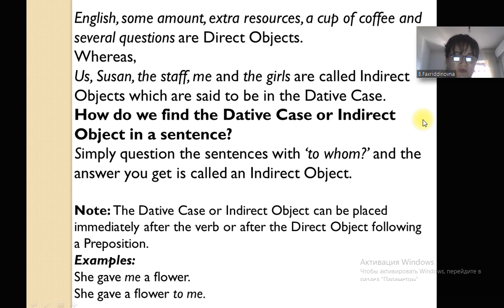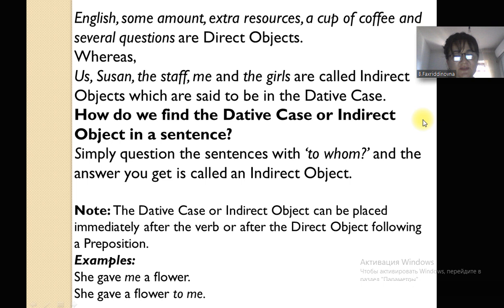How do we find the dative case or indirect object in the sentence? Simply question the sentence with "to whom", and the answer you get is called an indirect object.